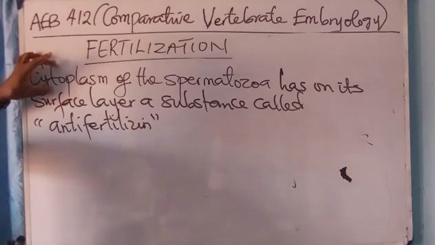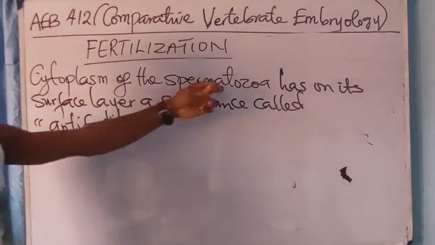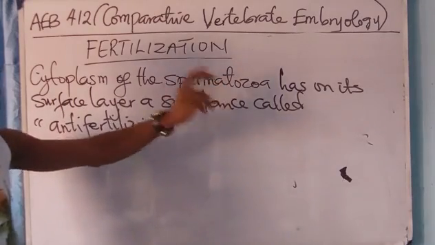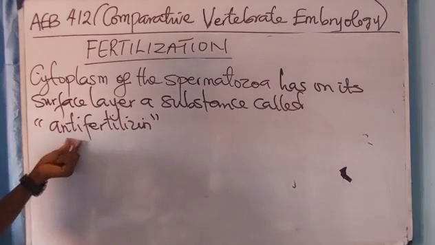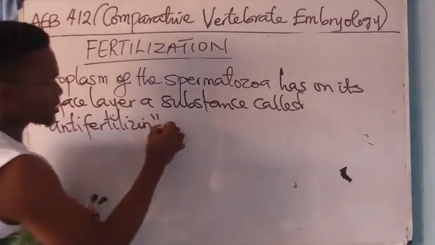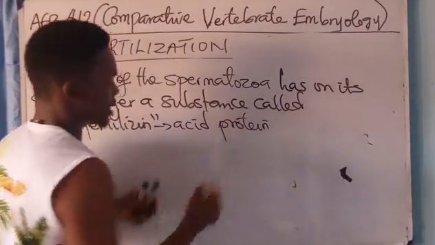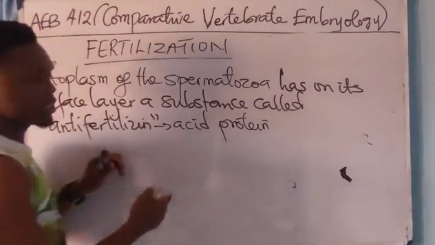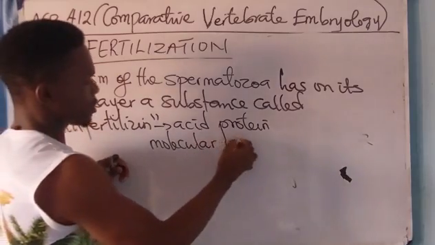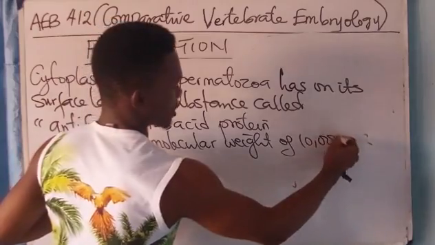The cytoplasm of the spermatozoa, the surface of it, has a substance called what? Anti-fertilizin. It's actually an acid protein, having a molecular weight of 10,000.